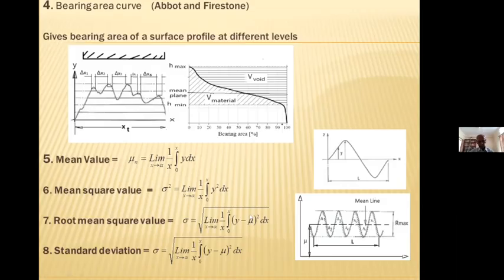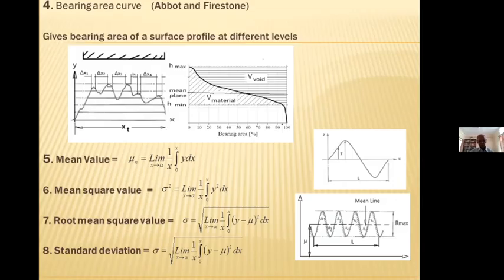If we take mean as 0, then this will be a 0 mean root mean square value, because the mean may be computed with reference to some other reference as shown here, or the mean line itself can be the reference. If we take the mean line itself as a reference, then this mu will be 0, and it will be simply the integral of y squared dx 0 to x and 1 by x in the limit x tends to infinity.